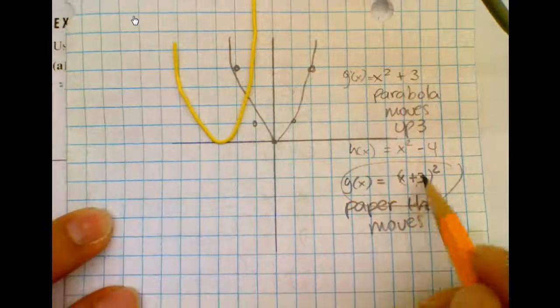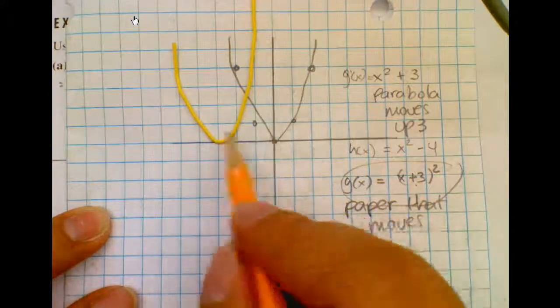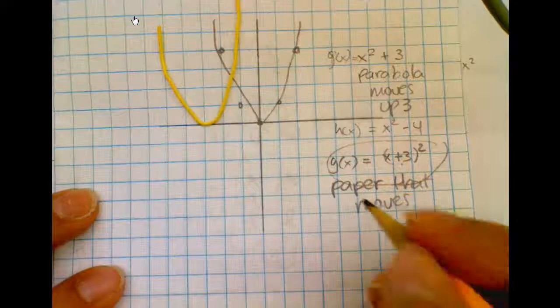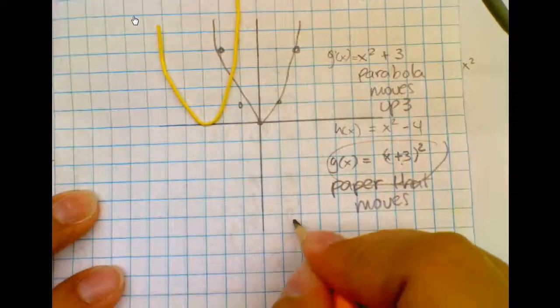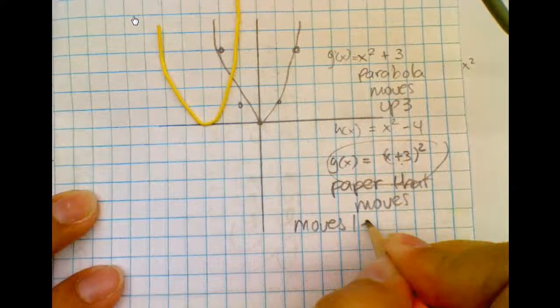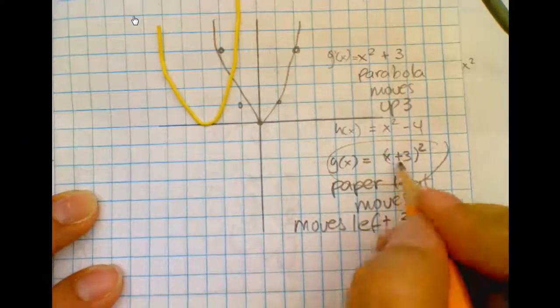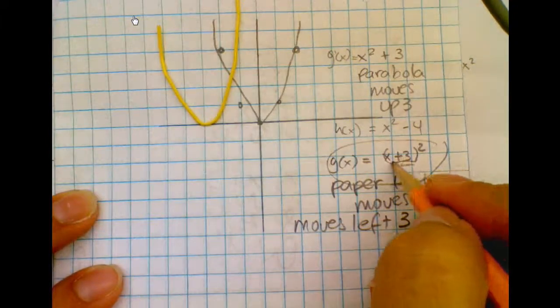So what did we notice? As a result of the paper being the one that moved, it appears that the parabola moved left, and that's exactly what it means. This transformation means the original function moves left 3 units. Although your common sense says plus 3 means right, that's not the case when we have horizontal transformations.